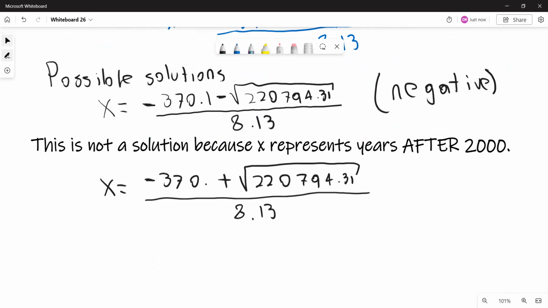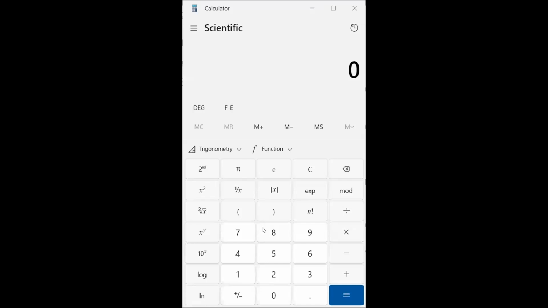Okay, so we'll verify what the solution looks like. This is 370.1, the opposite of that, and then plus the square root of 220,794.31, and all that divided by 8.13.